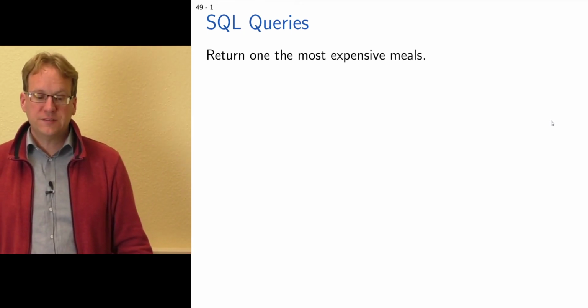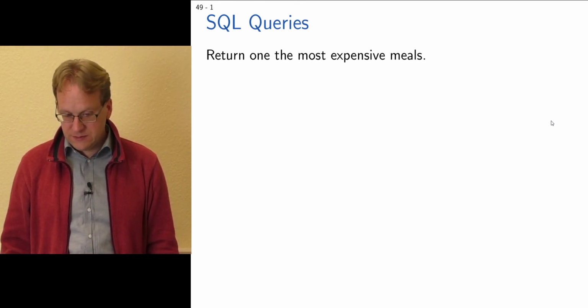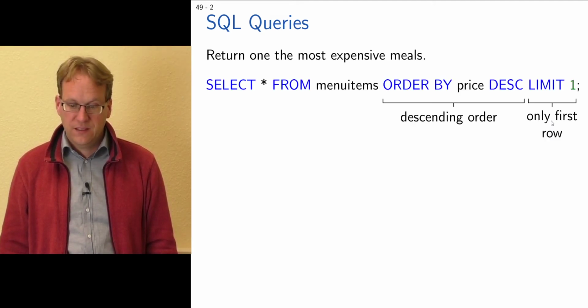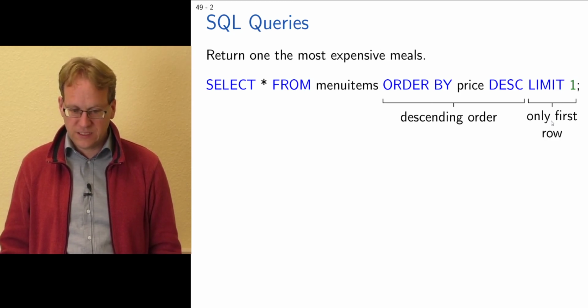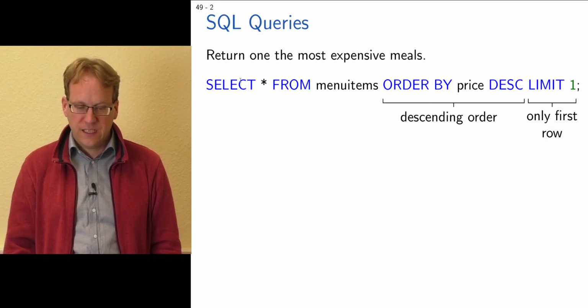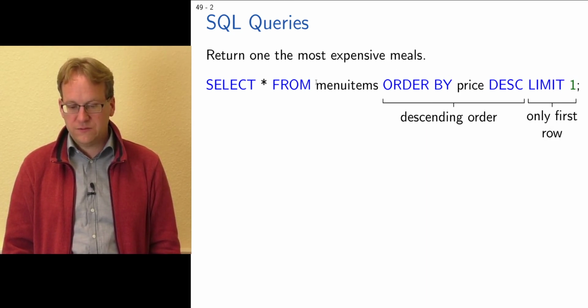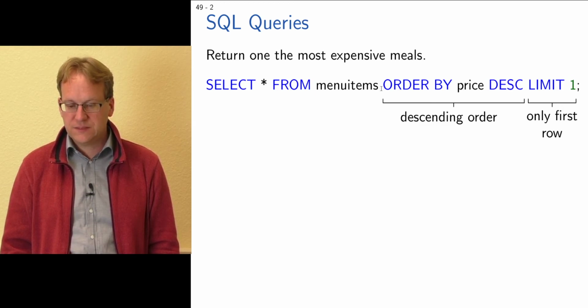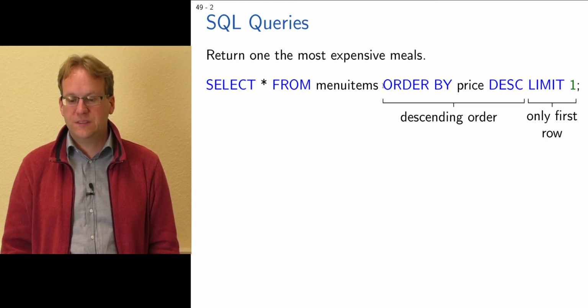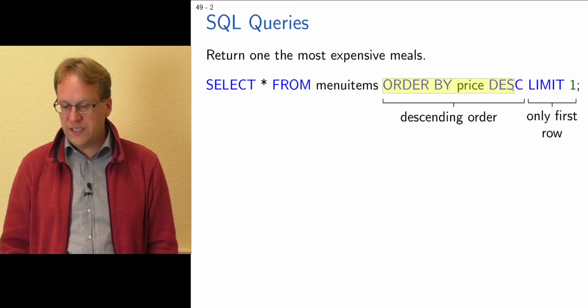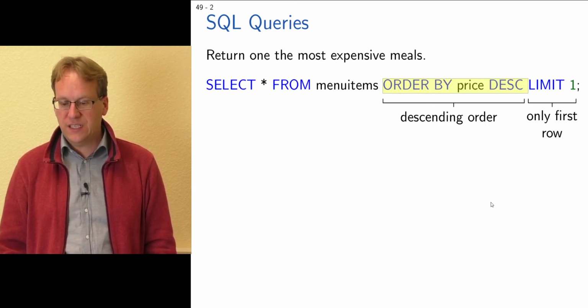Return one of the most expensive meals. That is a bit more tricky now, but still it fits in one line of code actually. I have something like select all from table menu items, and now I'm saying, well, I'm interested in all rows first of all, but those rows I would like to order in descending order by price.